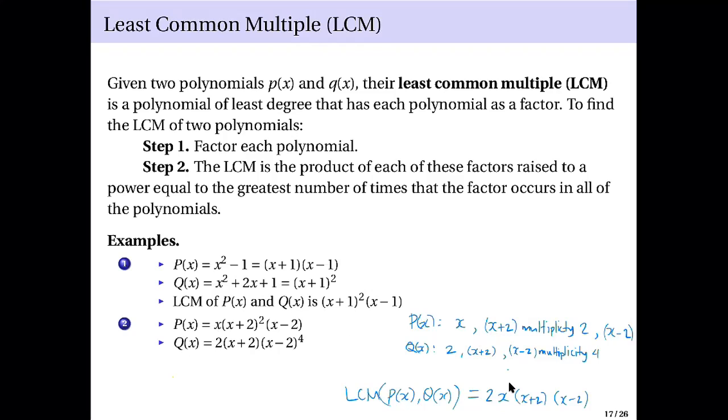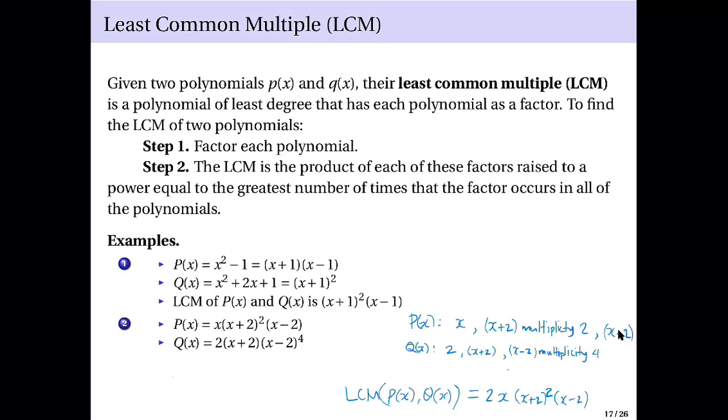Now, the x plus 2: you have power 2 from P of x, and power 1 from Q of x. So the highest power that we see is 2, and x plus 2 will be raised to the power 2 because that's the higher power.